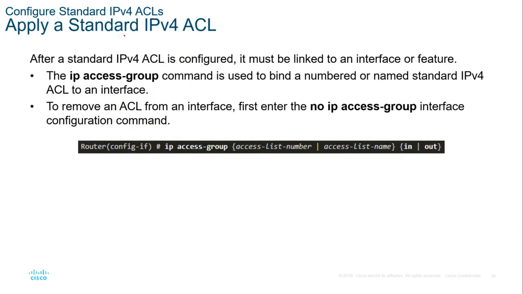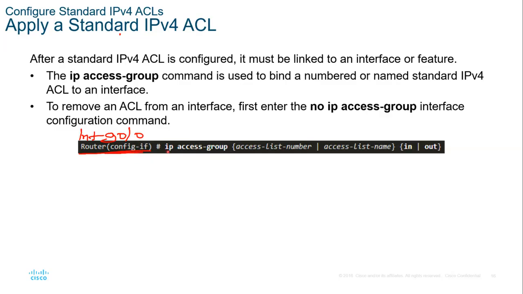Then applying the standard: yes, you have the access list with the entries. So what next? The list has to be applied onto a specific interface. So you call an interface, maybe interface G0/0, and then it changes to this mode.